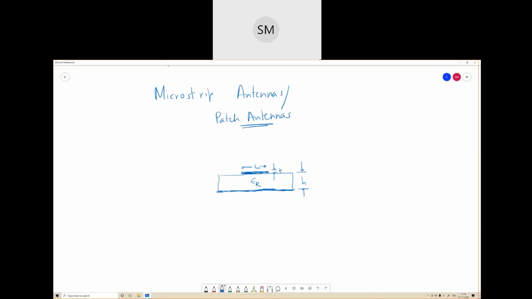From the top, it may have very different shapes. For example, from the top, it may look something like this. This is from the front, or the side. Something like this.